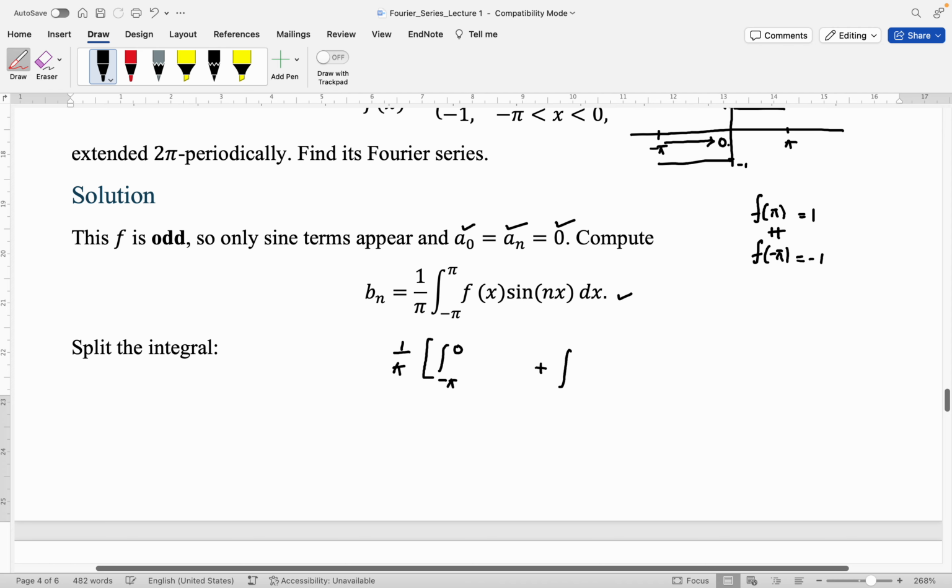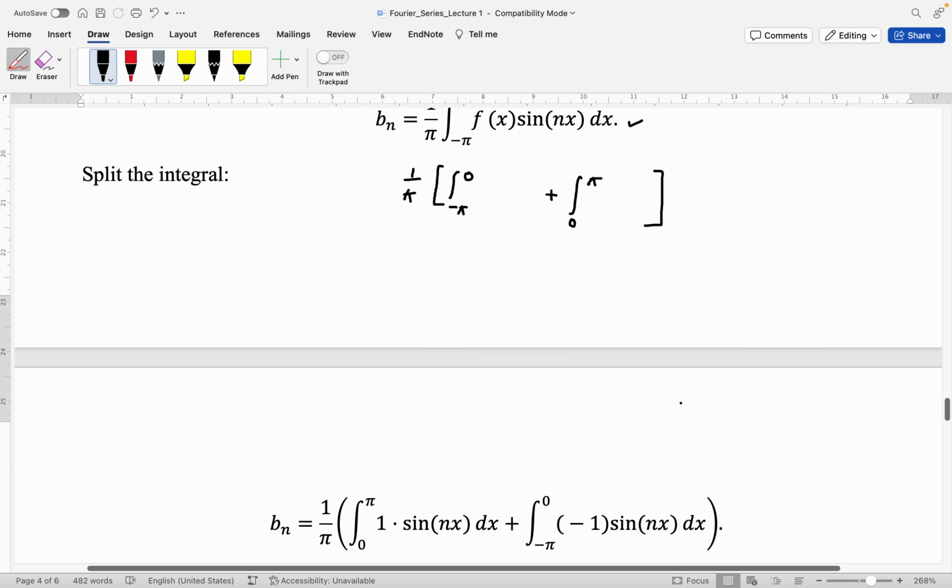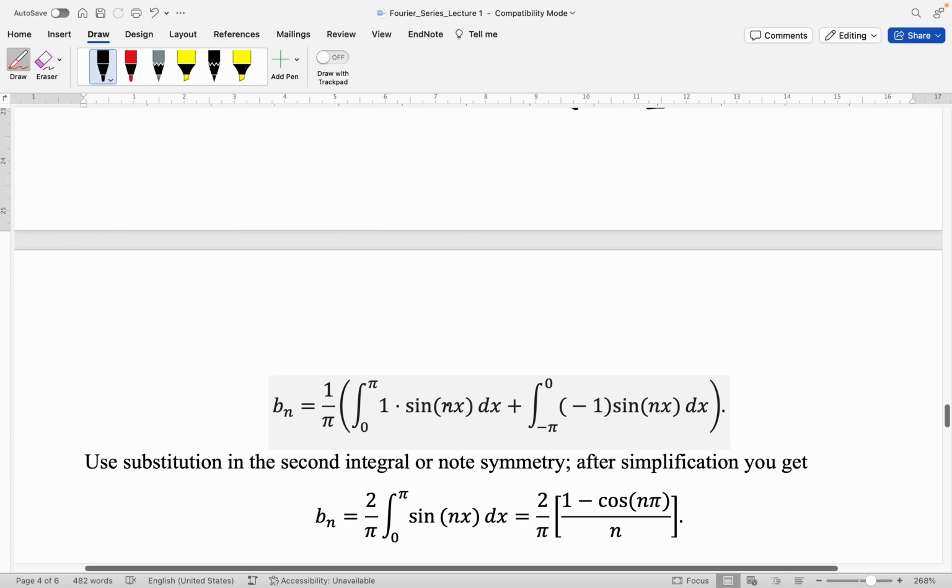Then I am going to start from 0 and go to pi. So that is how you separate out the integrals if the limits are different. So minus pi to 0, 0 to pi. You can split the integral, take these two results and do the integration.